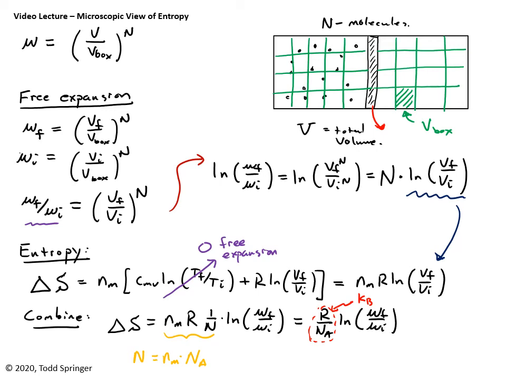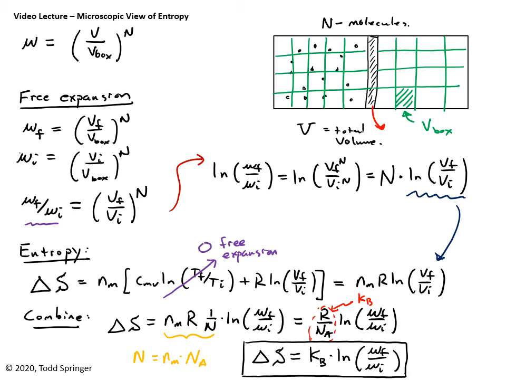So I get the important formula: delta S, the change in entropy of the gas, is Boltzmann's constant Kb times the natural log of omega f over omega i. So what does this mean? It means that if the entropy went up, the number of microstates, or the multiplicity, has gone up, right?